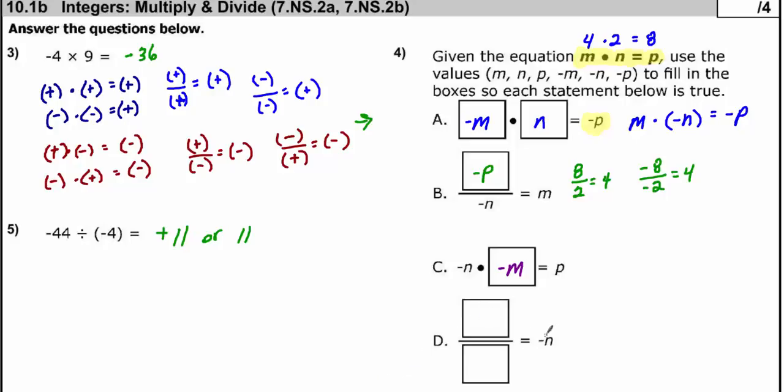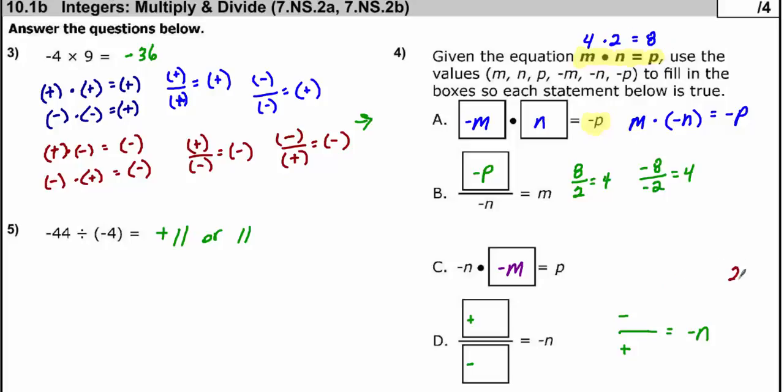And finally, letter D, we're doing division again. We're getting a negative answer, opposite of n. So we know that one of these has to be positive and one of these has to be negative. The question then is which goes where, and think of it just like our numbers up here.